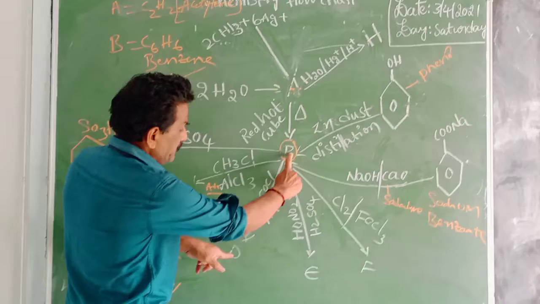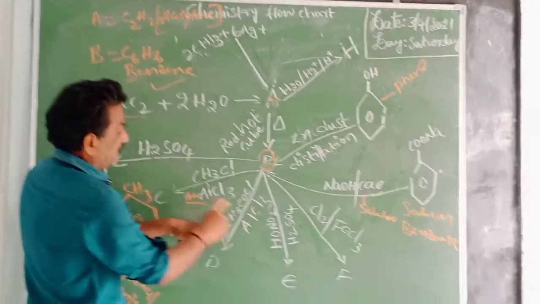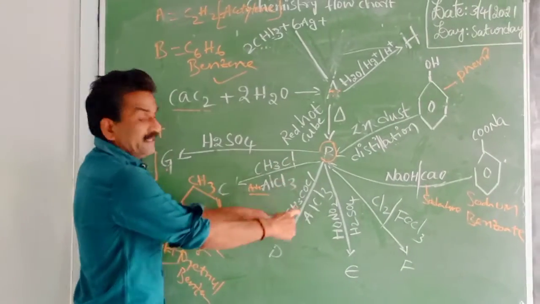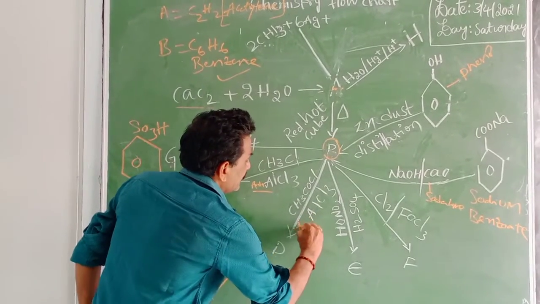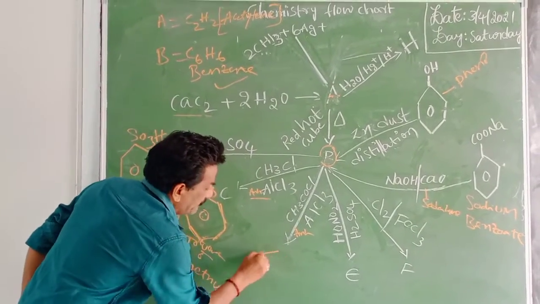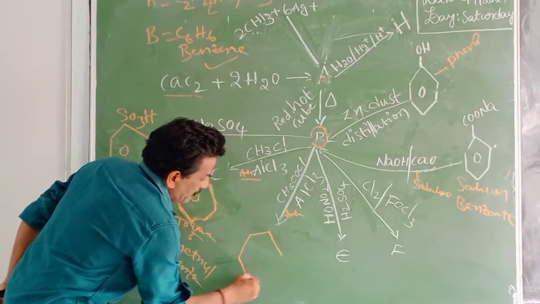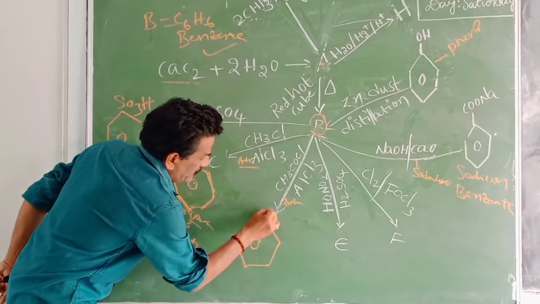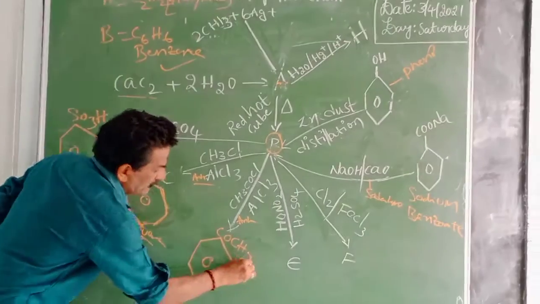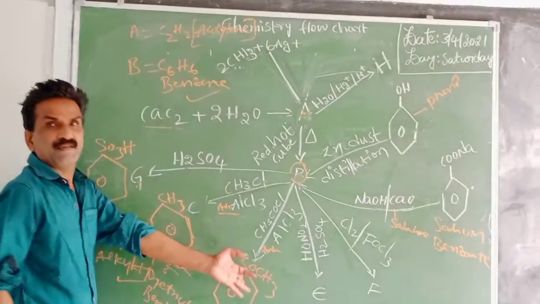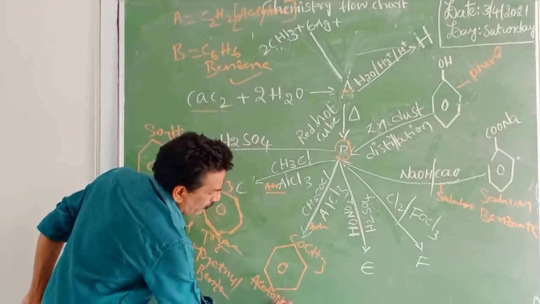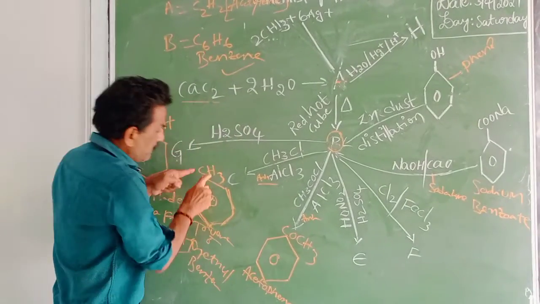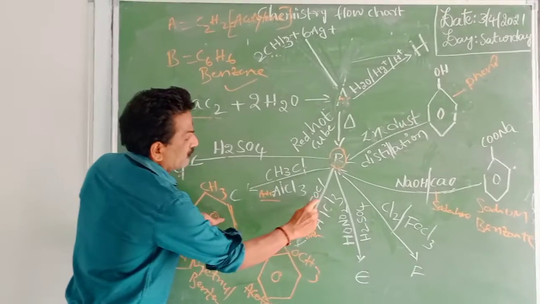Next, benzene reacts with acetyl chloride. Here it was CH3Cl, here CH3COCl. Same, anhydrous AlCl3. We get D, which is acetophenone. Here the COCH3 group takes place.